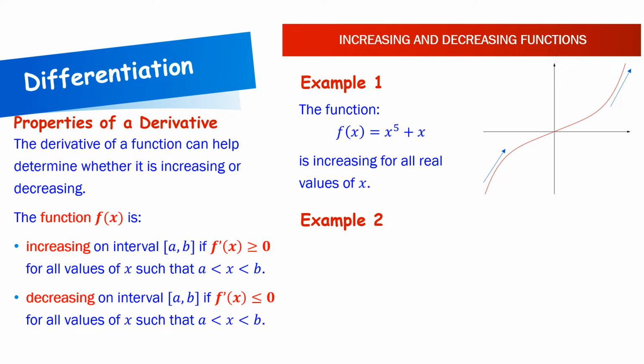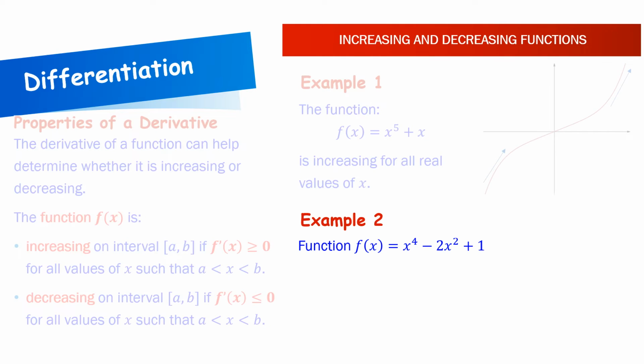Let's take a look at another example. In this example, we look at the function f of x equals x to the 4 minus 2x squared plus 1. This looks something like the graph you can see on your screen here at the bottom. Notice that the function decreases to the point x equals minus 1.